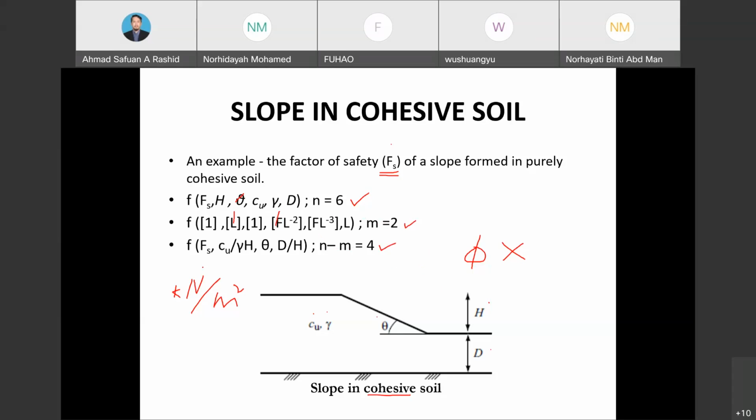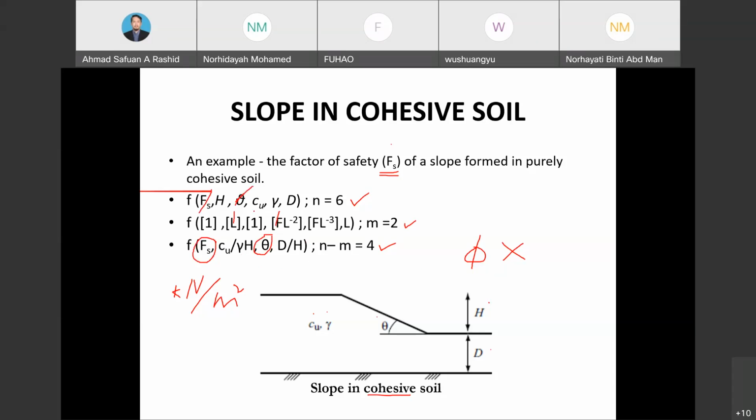So to make it easy, we use all the dimensionless terms. For example, Fs, we have one equation. Theta, we have another, the second equation. And then we need to derive the third and the fourth. Let's say here we already use those.